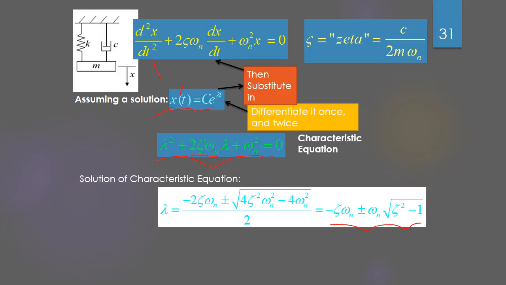And after we have applied it over here, we get this equation, which we can use later on to find the other solution. So this thing, we can call the characteristic equation.